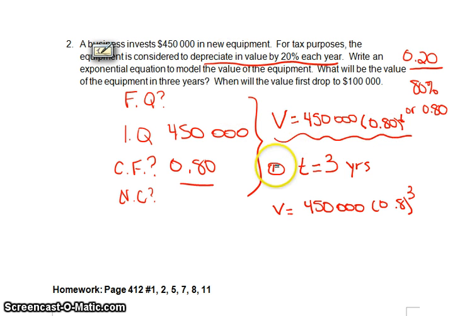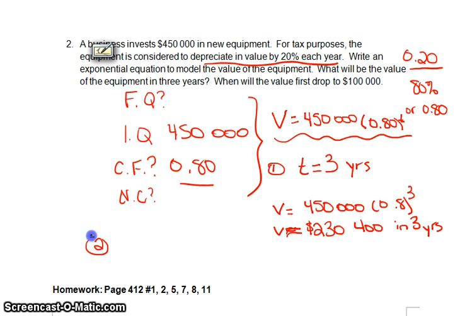This one's pretty nice, we can plug that into our calculators. And we should find that V is approximately equal to $230,400. So that is in 3 years.